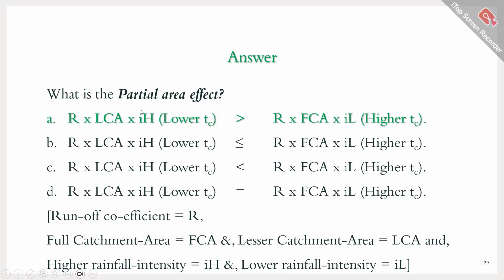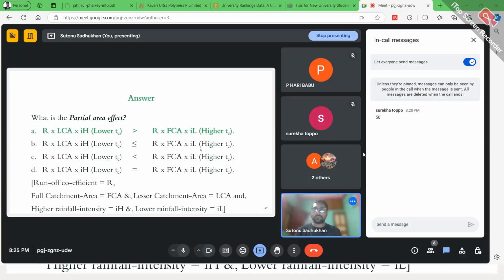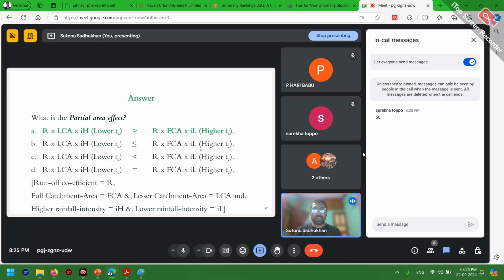So rainfall has more effect than the area in determining the relation between the two. Area has lesser effect than the rainfall. So rainfall is more important than the area where it is falling under the partial area effect. Both are important, but area is less important as compared to the rainfall that is occurring. That's why we have ended up in this relation.